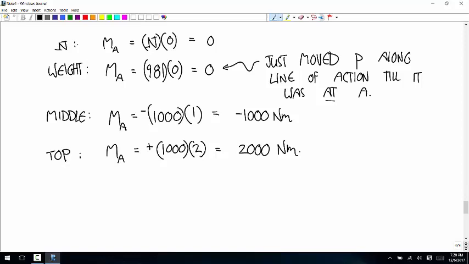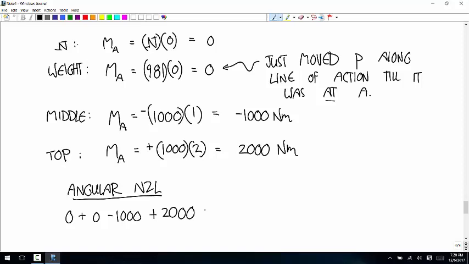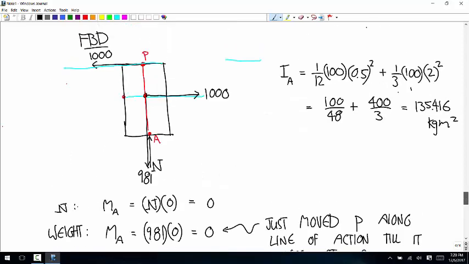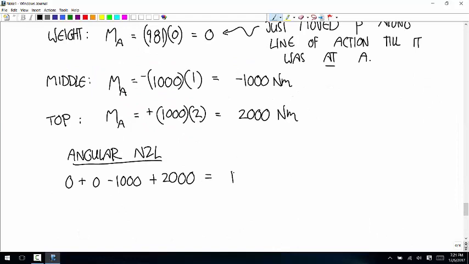Finally, we can put this into the angular Newton's second law equation. We add up all of these moments. So 0 plus 0 minus 1,000 plus 2,000 is equal to the mass moment of inertia, 135.416, times the angular acceleration.